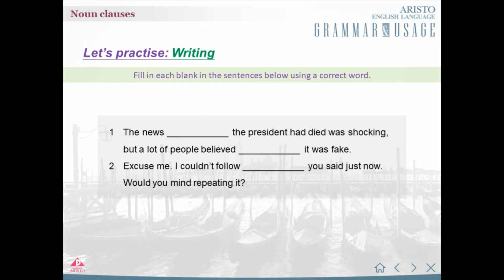The answers are now shown on screen. The first two blanks can be filled with that. The third blank can be filled with what.